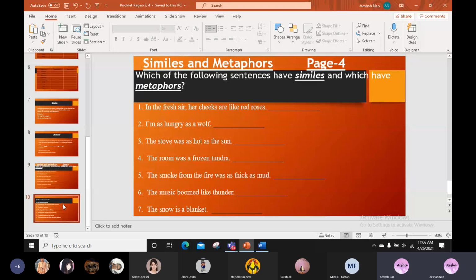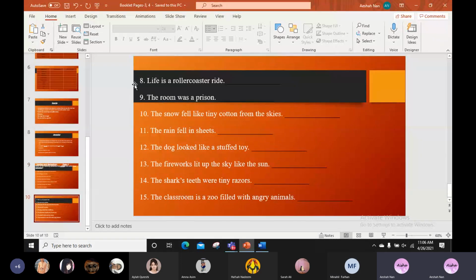The snow is a blanket. Metaphor. Life is a roller coaster ride. Metaphor. The room was a prison. Metaphor. The snow fell like tiny cotton from the skies. Simile, because "like" is there. The rain fell in sheets. Metaphor.